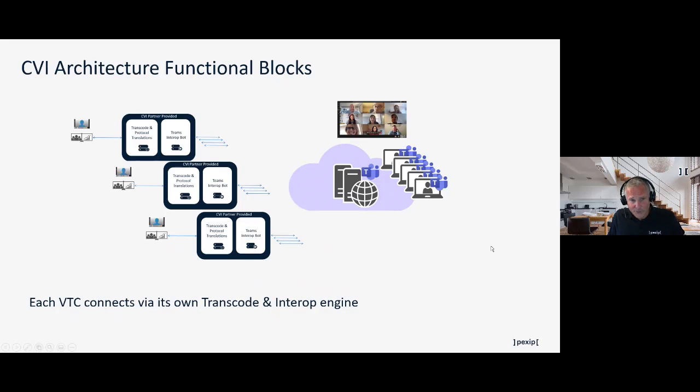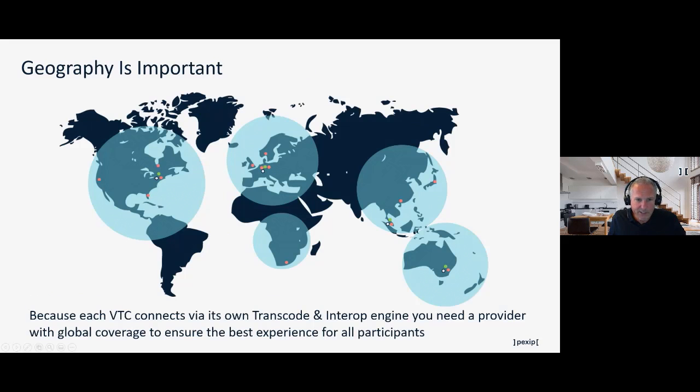And conversely, those video streams are being transcoded and creating a composite image sent back to the video endpoint. All of this makes geography an important part of the decision, because each VTC is using its own instance of the transcode and interop engine.